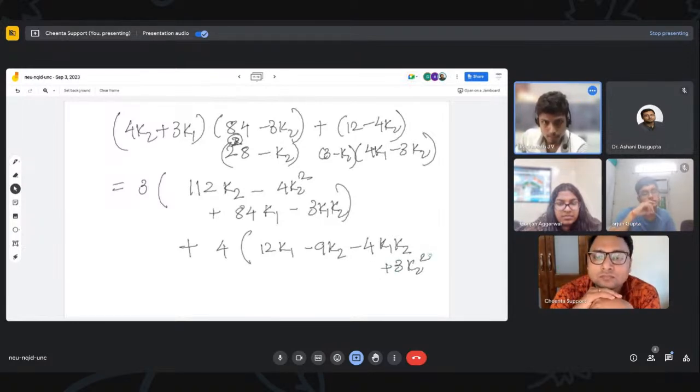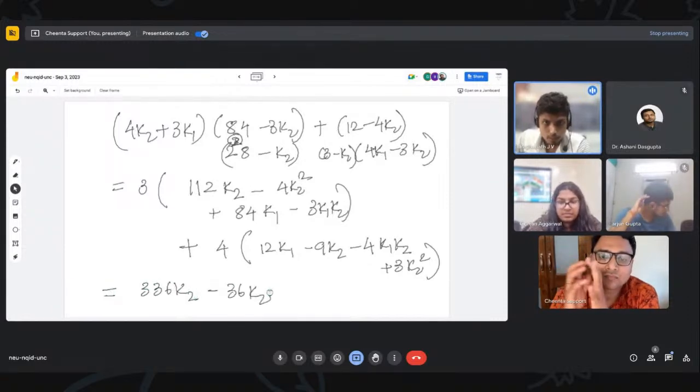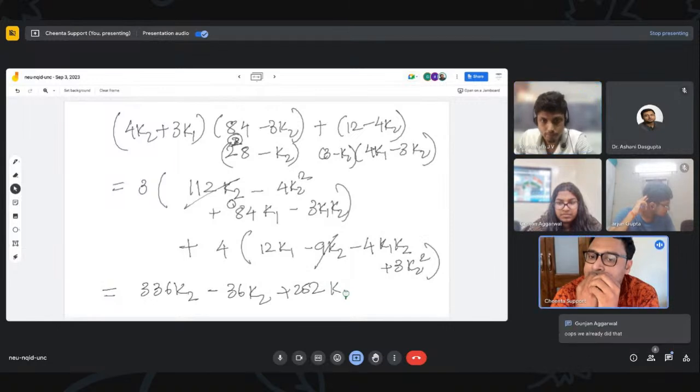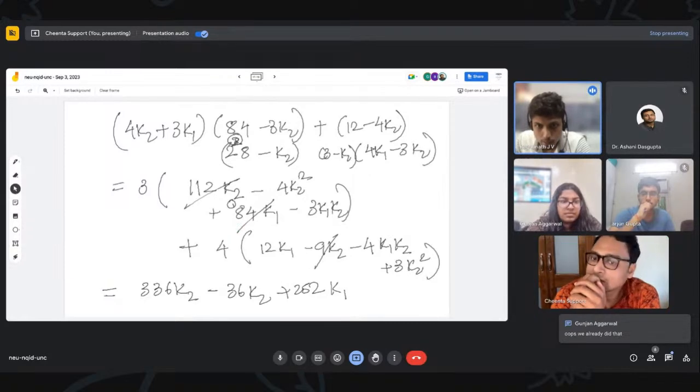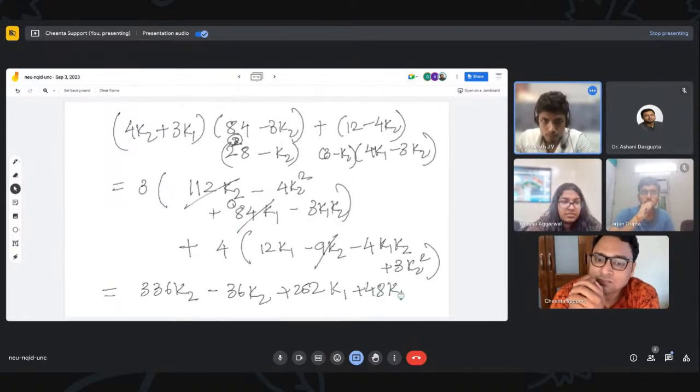So this will be 336k2 minus 36k2. So these two get cancelled. Plus 4 3s are 12, 24, 25, 252k1. Then what is k1 here? 48k1. And then minus 16, minus 9, minus 25k1 k2.